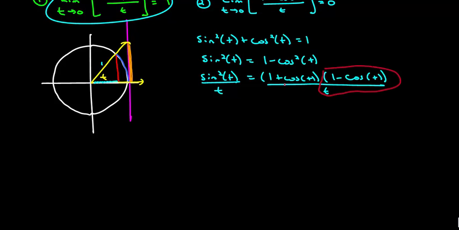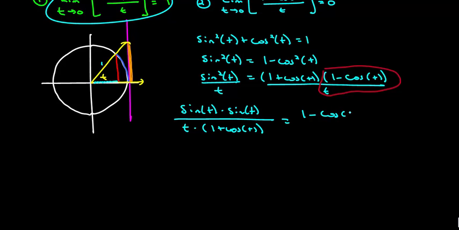So I'm going to divide both sides by this guy right here. So that's not a problem. So that gives me sine t times sine t over t times 1 plus cosine t. That must be equal to 1 minus cosine t over t.